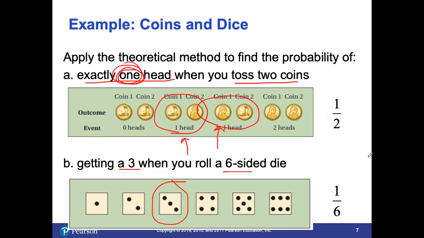And by the way, provided that the die is fair. So now again, up here, look at the theoretical method, it's actually 2 outcomes out of 4, but that reduced to 1/2. This one just happens to be 1 possible outcome out of 6 total outcomes. Gives you 1/6.